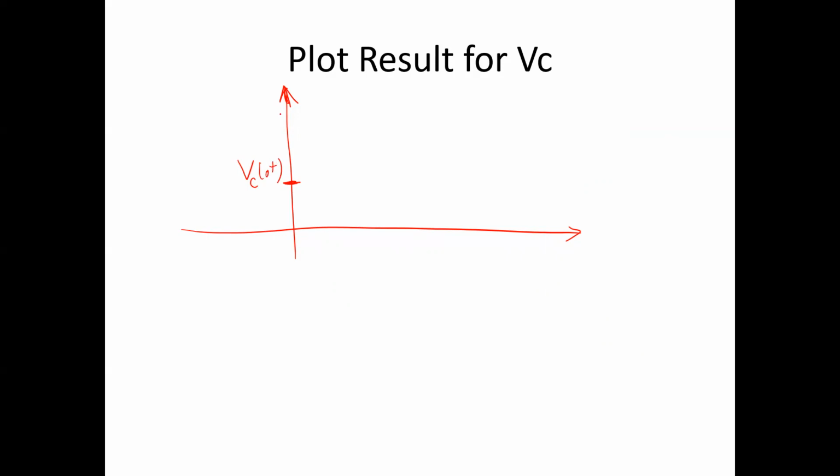After a long time passes in position 2, it reaches a new steady state at VC of infinity. The speed at which it reaches there is determined by tau, but it's going to get there exponentially. So even without knowing mathematically what the equation was, we could roughly plot this result for VC as we did here. Okay.